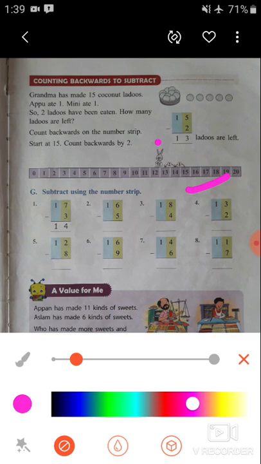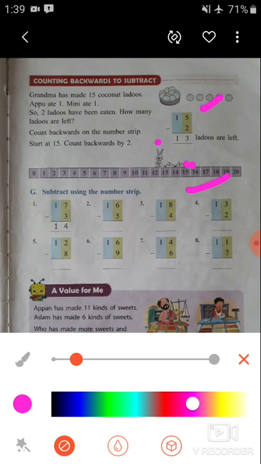So students, the first number or biggest number is 15. You have to put your pencil at number 15. Now we have to subtract 2 from 15. So to subtract 2, we have to count backward 2 steps.